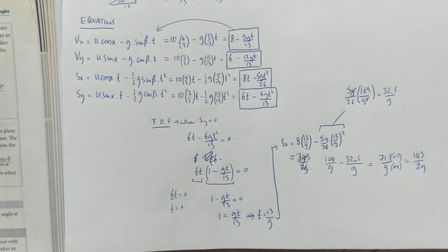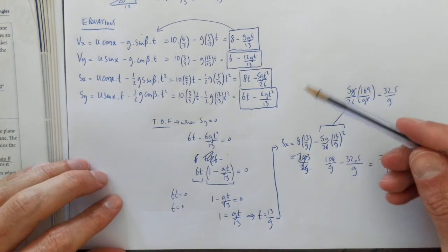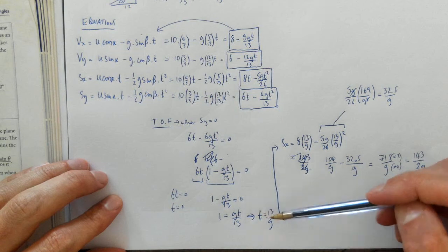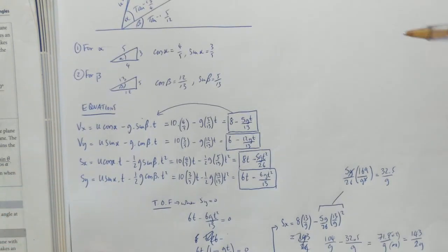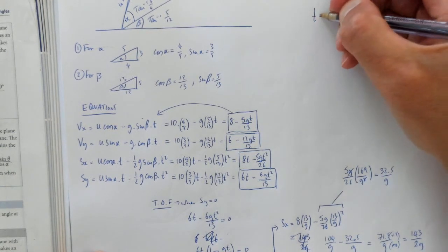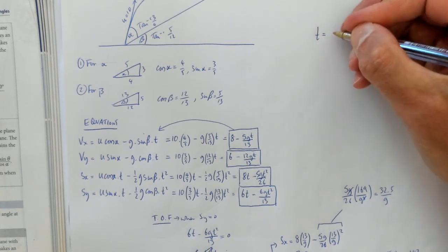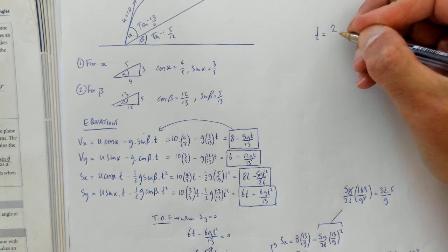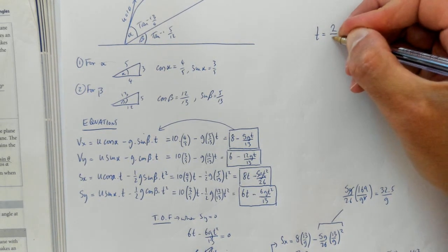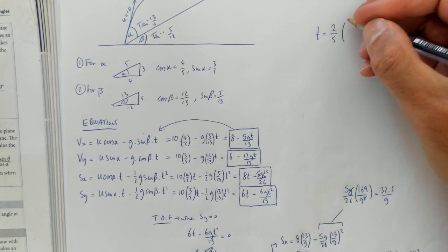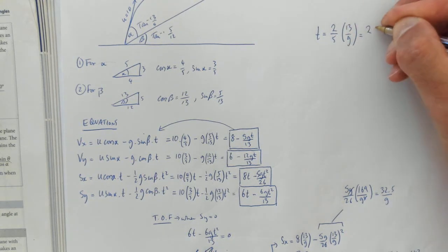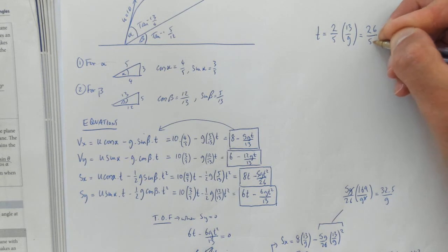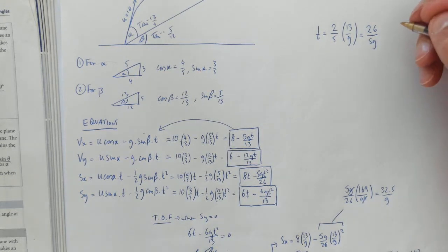So second part then, show that after 2/5 of the time of flight. So let's go back, time of flight was here, t is equal to 13 over g. So t is now equal to 2/5 of the time of flight, 13 over g, okay, so 26 over 5g, that's the time of flight.